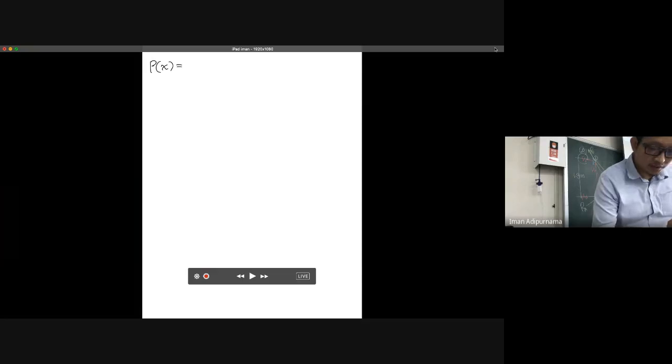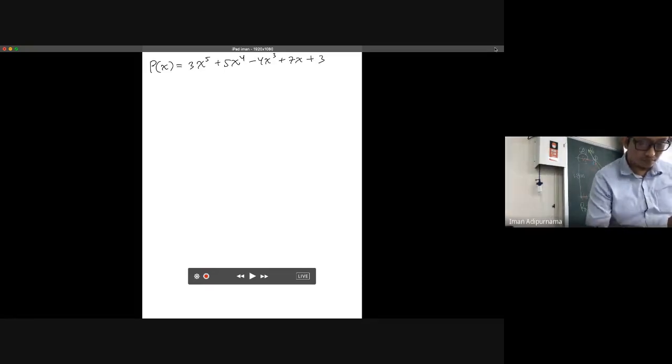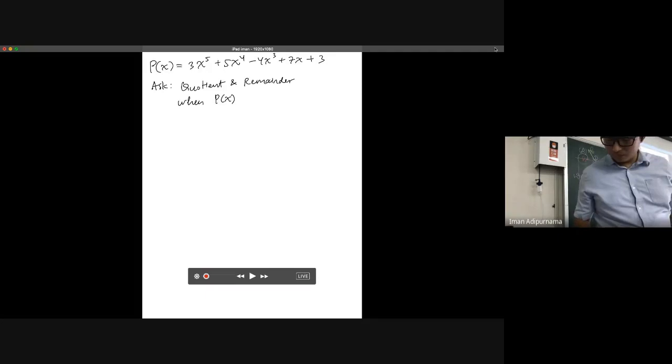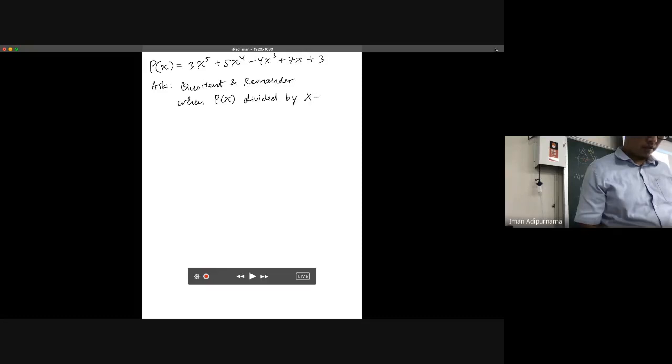If you have p(x) equals 3x to the 5th, the question asks for the quotient and remainder when p(x) is divided by x plus 2.